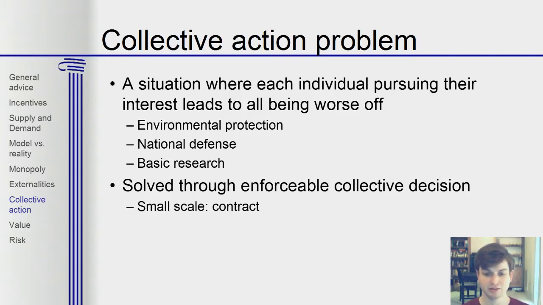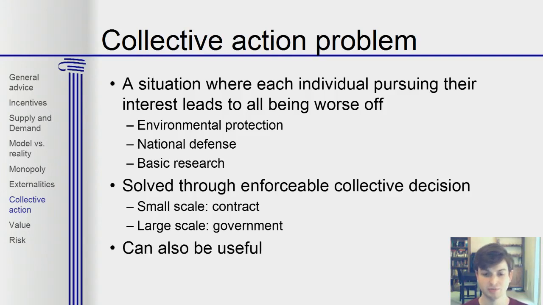By putting that penalty for violating the agreement in place, it's no longer a collective action problem, and it's in their interest to do what's best for everyone. At the large scale, where everyone is part of the collective action problem, then we call that contract government. That's a bigger scale solution to the same sort of problem.